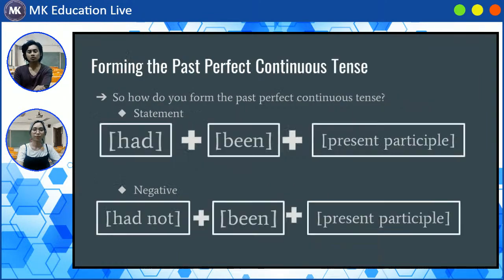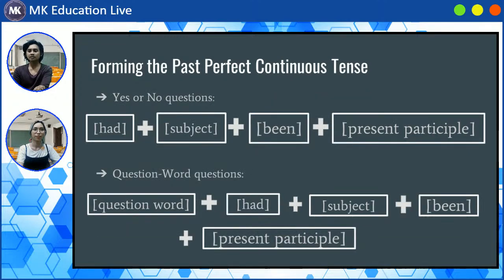So how do we form it? We do it in this format: subject plus had plus been. And the differentiating thing, it's not the past participle, but the present participle, okay? Present participle. The negative is made by simply adding not to the had.